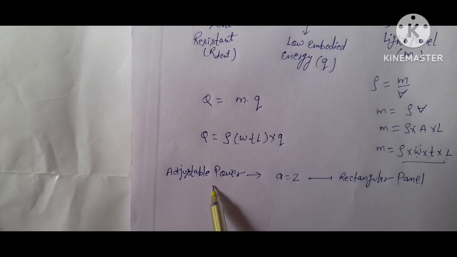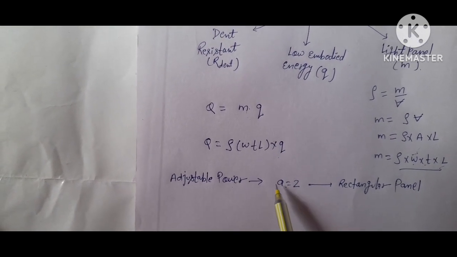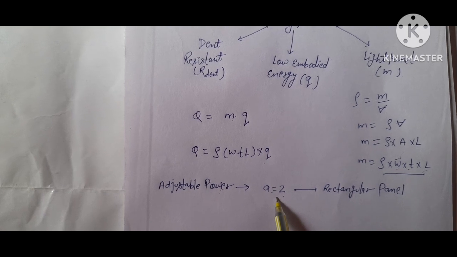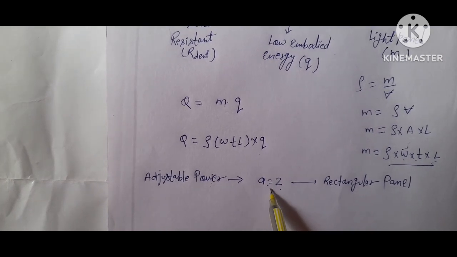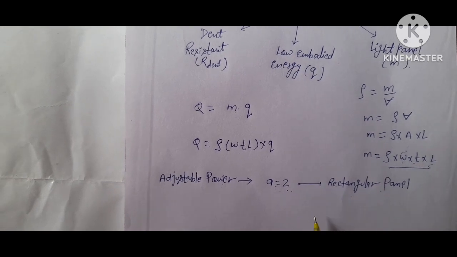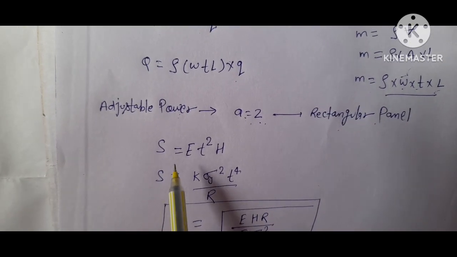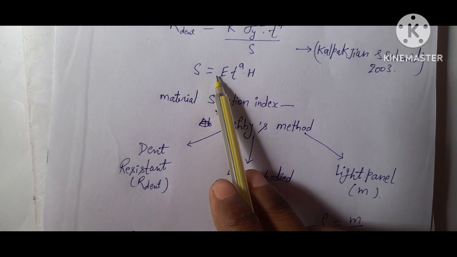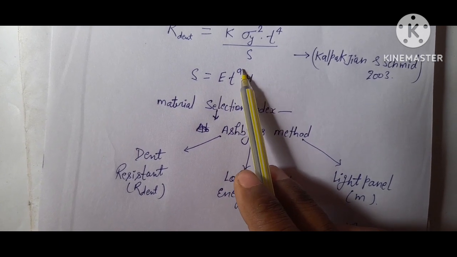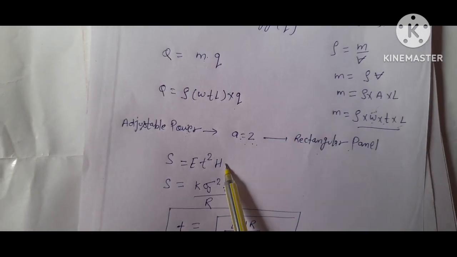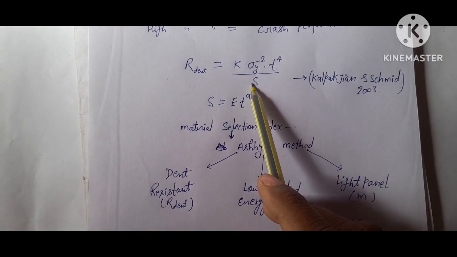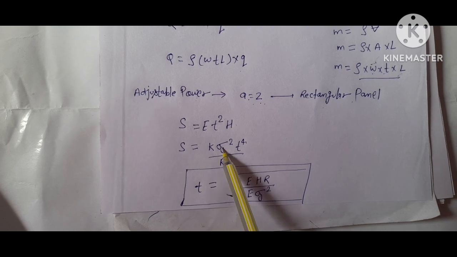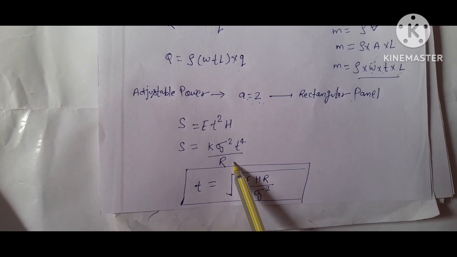Putting these values for M, we get Q equals rho W T L multiplied by embodied energy. A is the adjustable power of thickness. If we put A equals 2 for a rectangular panel, then stiffness S equals E multiplied by T squared, because S equals E multiplied by T to the power A. After replacing S here and R here, we get S equals K sigma squared T to the power 4 divided by the dent resistance energy.